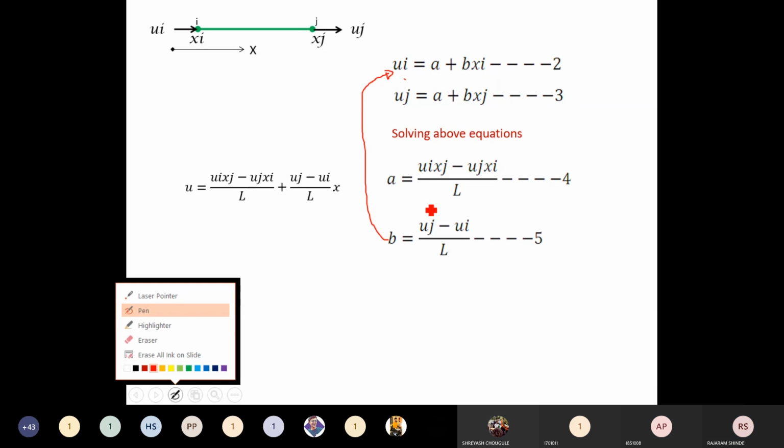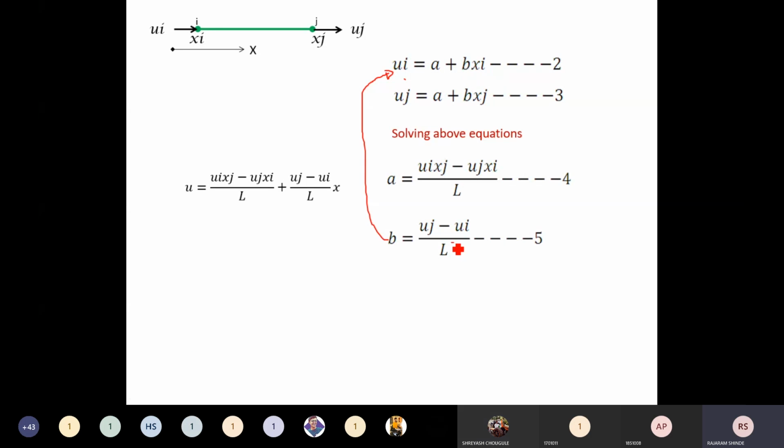Now that you will get this one. How will you get here? Here in place of L, you use xj minus xi. Okay, I will solve it. Just a minute.